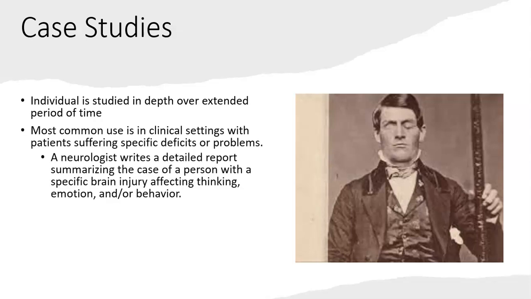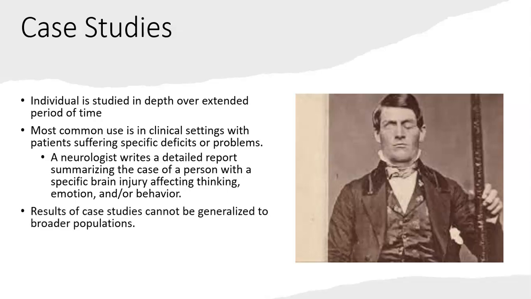So with the Phineas Gage story, what you have essentially is a clinical case study where his injury is documented and his recovery post-injury is documented and explained for other scientists, but also for the public.